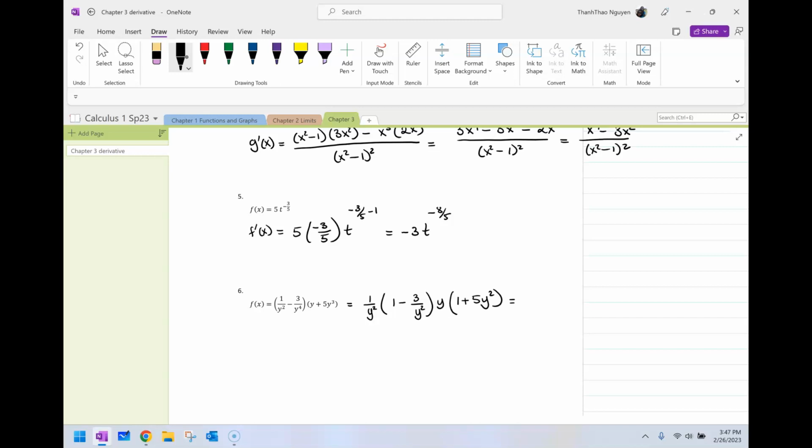So now I'm looking at 1 over y times 1 minus 3 over y squared times 1 plus 5y squared. I'll go ahead and expand this out and multiply them all together. So 1 over y minus 3 over y to the third, times 1 plus 5y squared.